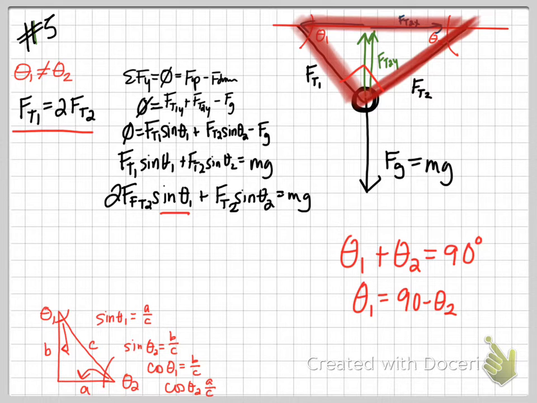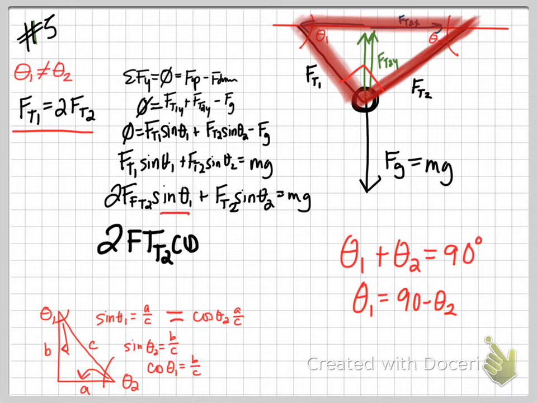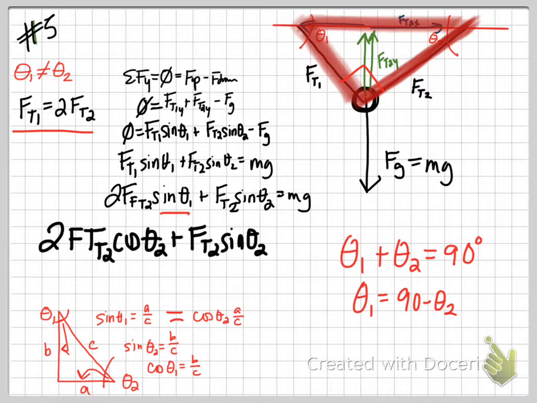So, therefore, sine theta 1 is equal to cosine theta 2. So we can actually say for this: 2 FT2 cosine theta 2 plus FT2 sine theta 2 equals mg.